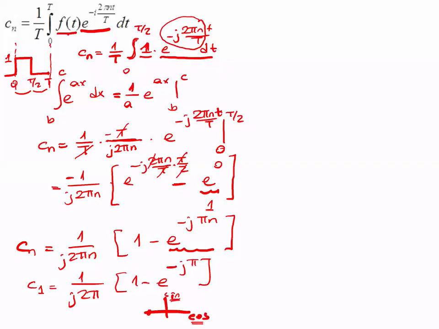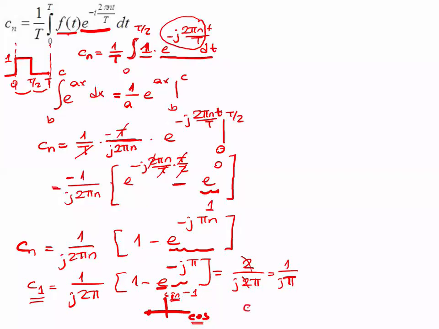So it will be a real one, and it is minus 1. And finally, it will be 1 minus minus 1, 2 over j 2 pi. And the 2's will go away, 1 over j pi. Okay? So C1 will be 1 over j pi.